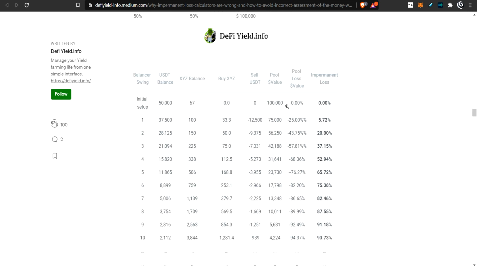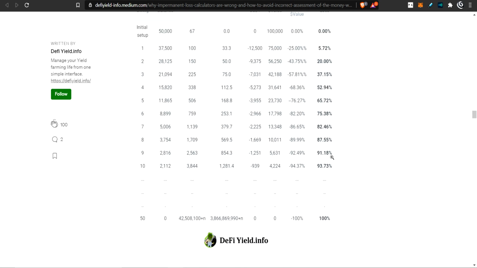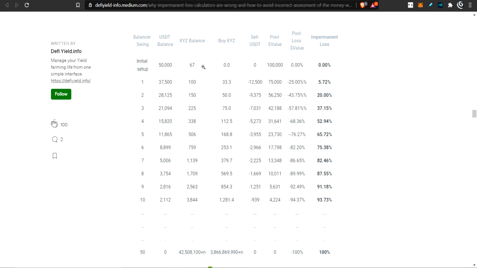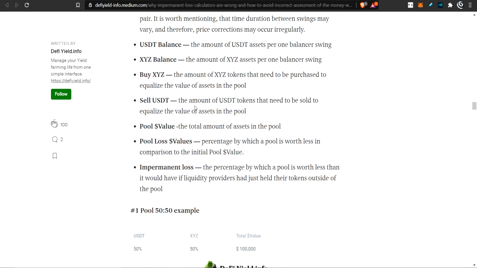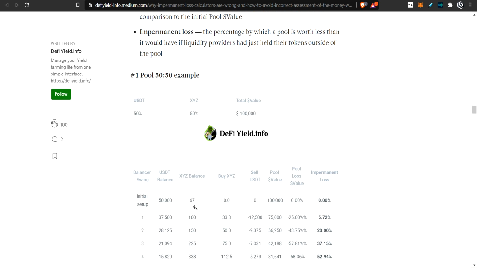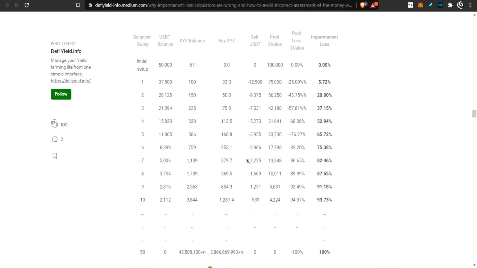So he shows how, with a 50-50 pool, the first one goes to within 10 steps. The steps have a certain size: the amount of change of the price is a certain size in all of these 3 examples. But he shows that after 10 steps, you get a 93.7% impermanent loss.